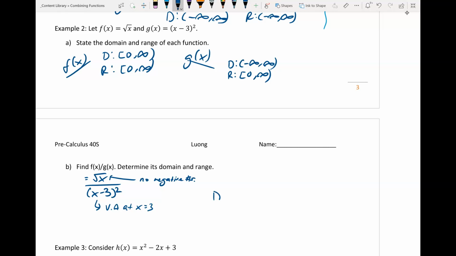So then our domain is going to start from 0 all the way up to 3, and we can't include 3 because that's a vertical asymptote, and then from 3 on to infinity. Looking at our range, this will be from 0 to infinity.